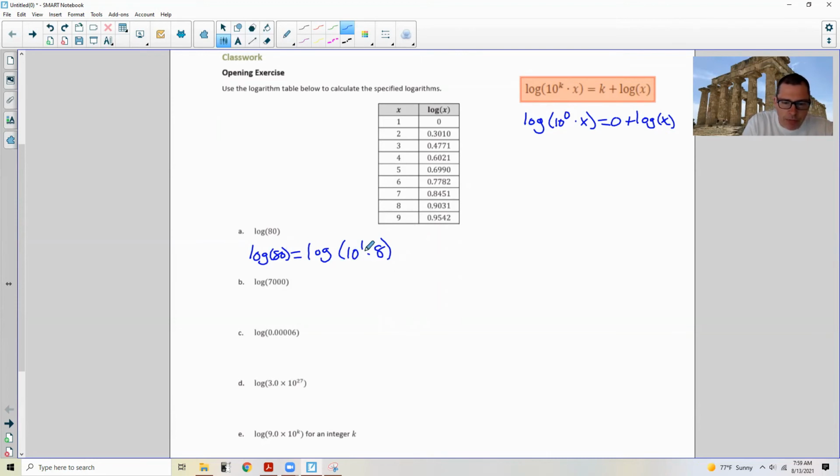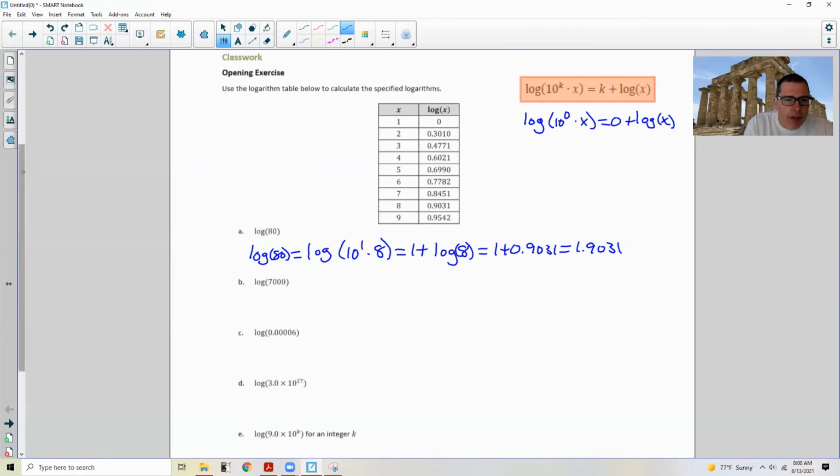These two are equivalent. So our rule now states that that's going to equal the power goes out in front, plus the log of 8. Then I come up to my table and I see that the log of 8 is 0.9031. So that is going to equal 1 plus 0.9031, and therefore the log of 80 is 1.9031.